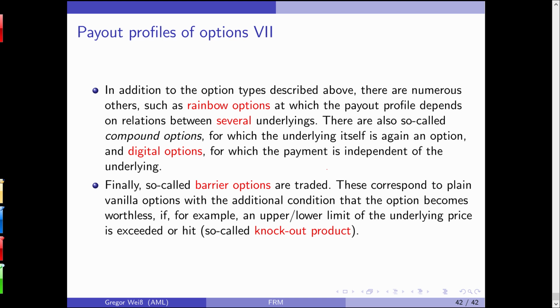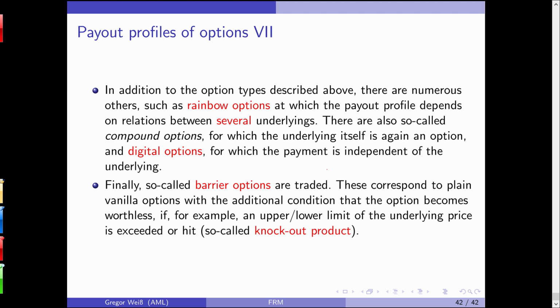And you can also define so-called barrier options, and these are distinguished and differentiated into knock-in and knock-out products. A knock-in product is an option that only becomes valid after the underlying price has crossed a border, has crossed a barrier. And then afterwards, it's active.